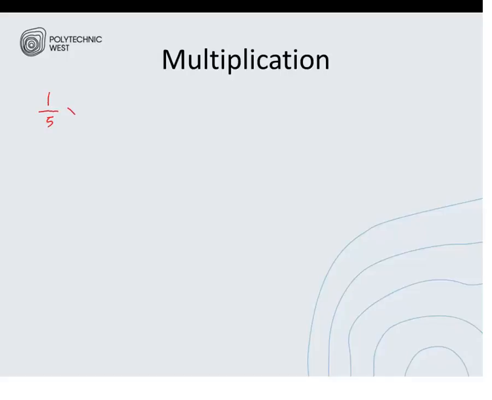So if I've got a division, 1 over 5, a multiplication, and another division, 2 over 3, I can change the order and just make that 1 times 2 over 5 times 3. Now what I've got is something where I multiply the top and I multiply the bottom. And 1 times 2 is 2, 5 times 3 is 15. So I'm allowed to do that because you can change the order.